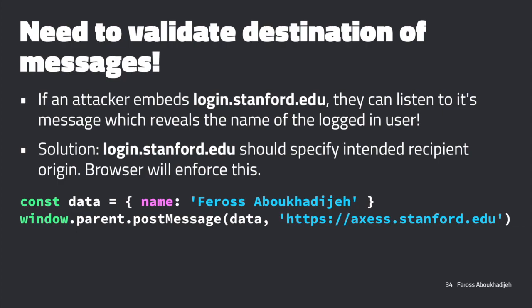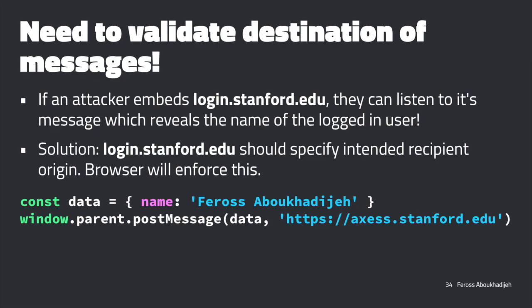So now it's going to reveal the name to this particular Stanford site, and then maybe this Stanford site hasn't done its security correctly, and now this top-level page can attack this particular Stanford site. That's totally possible, yes.